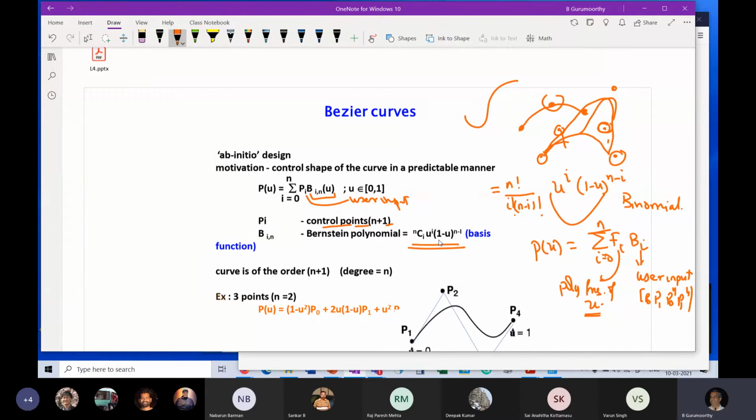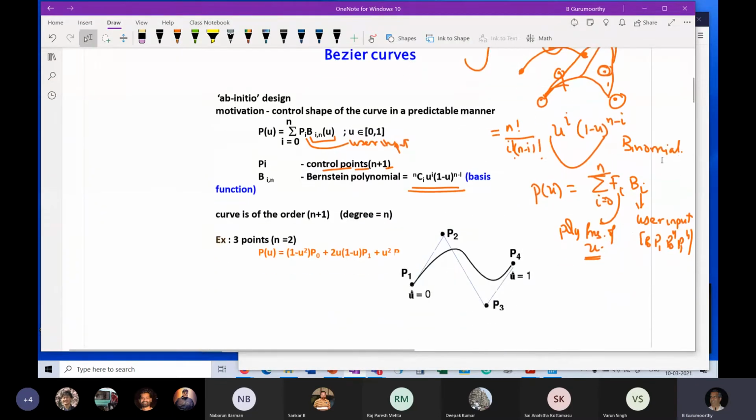So some quick observations before we start talking about properties and more details of this, right? If I were to evaluate this for 3 points, which means n is equal to 2, then I get an expression that looks like this. I have just substituted for Bi,n with this polynomial, and I do the math, and I get this expression here.